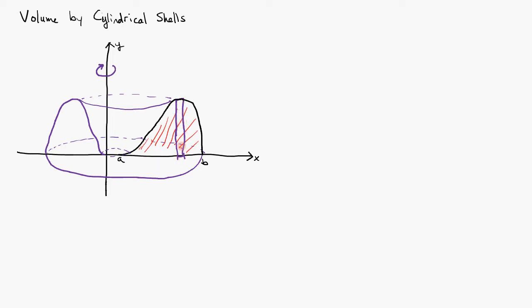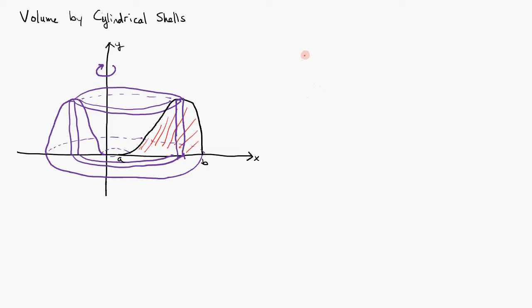Now imagine rotating this slice around the y-axis. The shape that results when you rotate this little section is what's called a cylindrical shell.